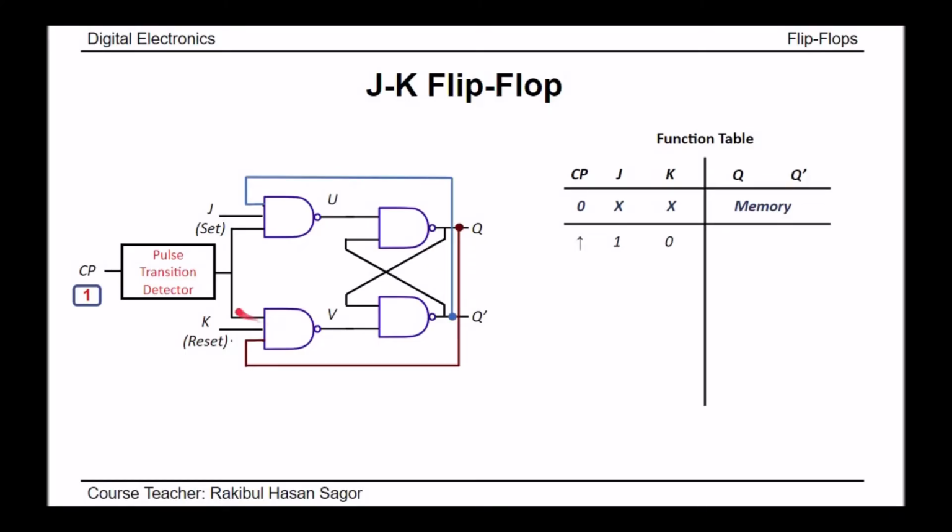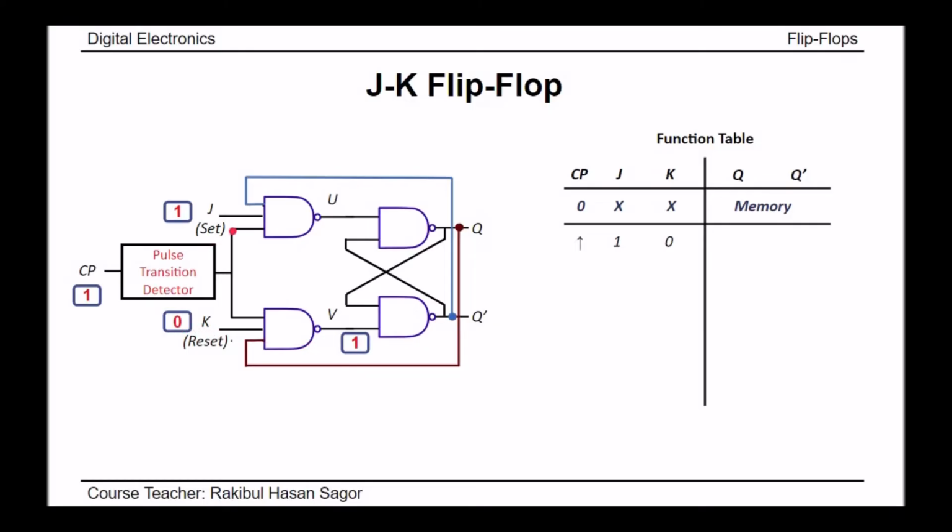So we need to know the values of J and K and these output values in order to find the next output. First of all, let's consider J equal to 1, K equal to 0. As K is 0, the output of this NAND gate will definitely be 1. We don't have to bother about this feedback.